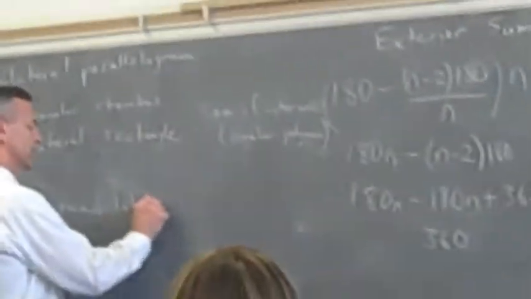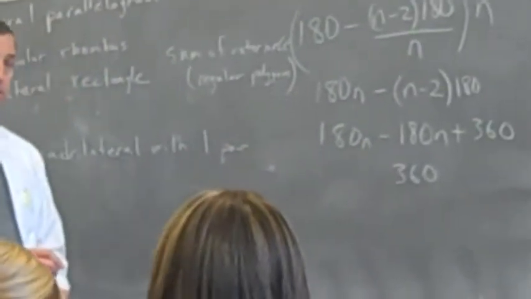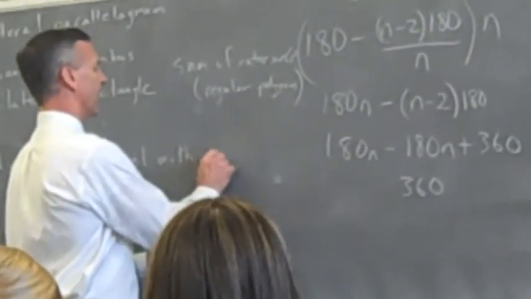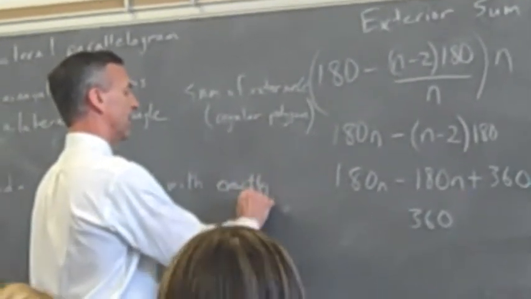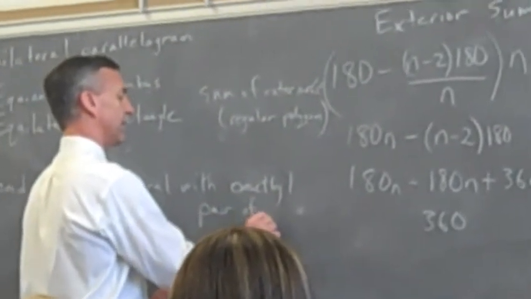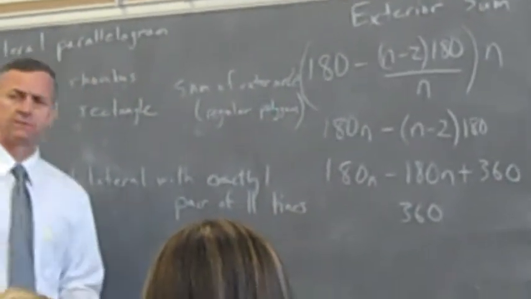Quadrilateral with one pair. You're talking exactly one? I'm going to put that in. Exactly one pair of parallel lines.